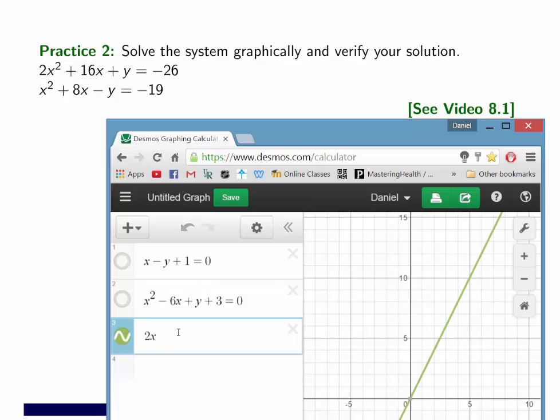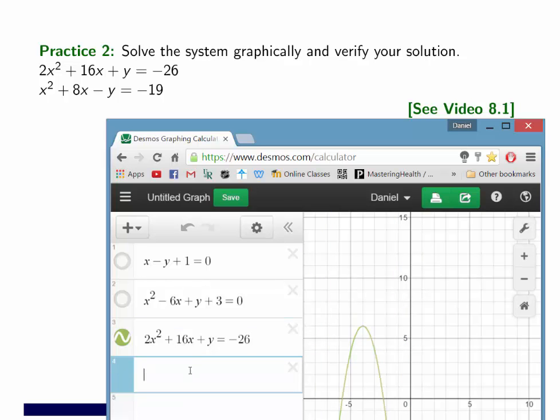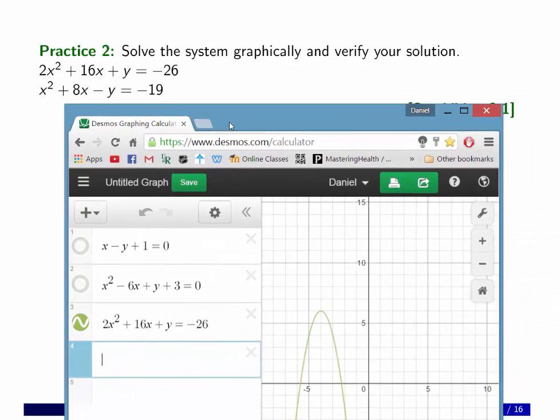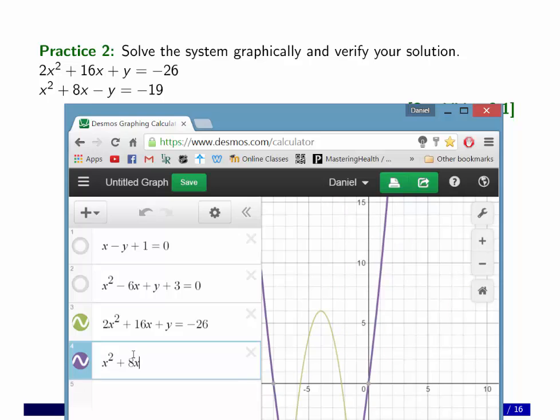And we're going to work with 2x squared plus 16x plus y equals negative 26. And this next one is x squared plus 8x minus y equals negative 19.